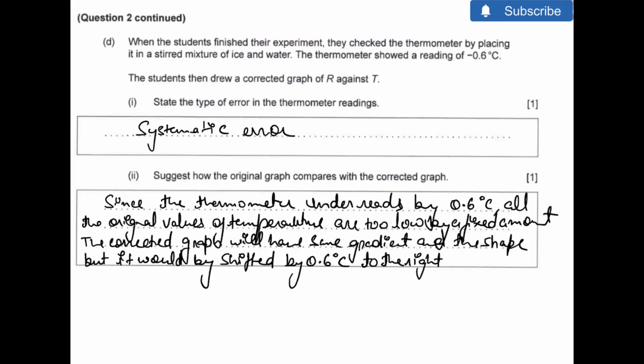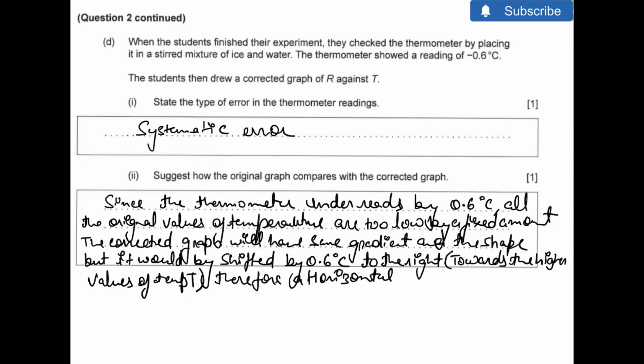Right means towards the higher values of temperature T, which means that a horizontal shift will be there without changing the value of resistance.